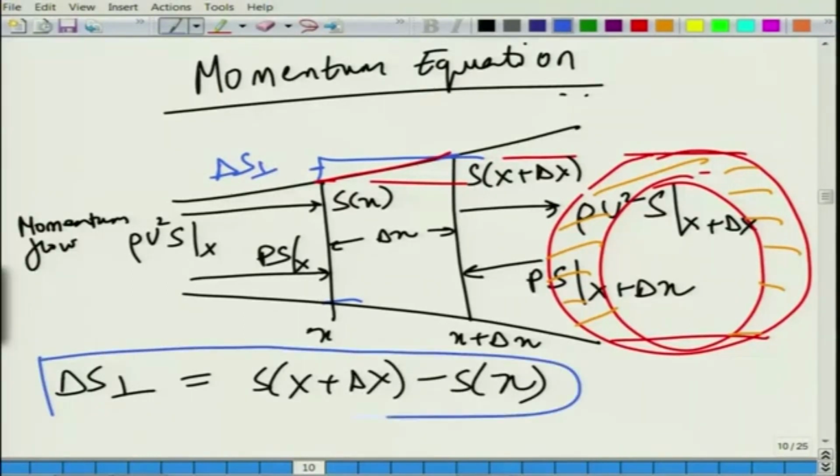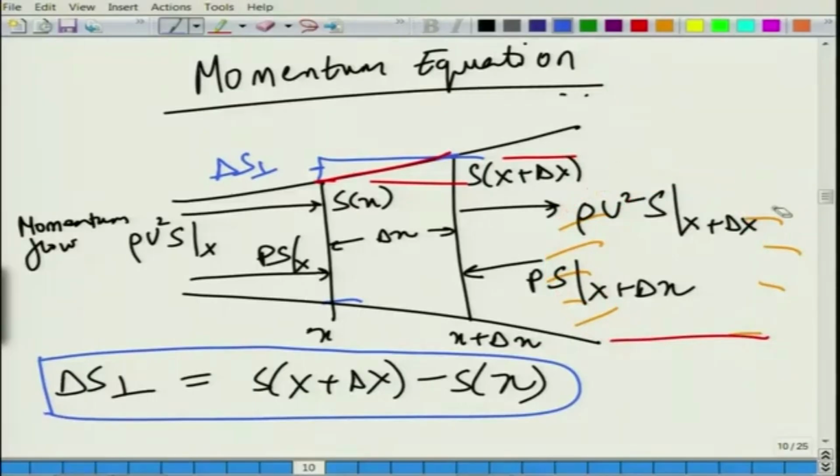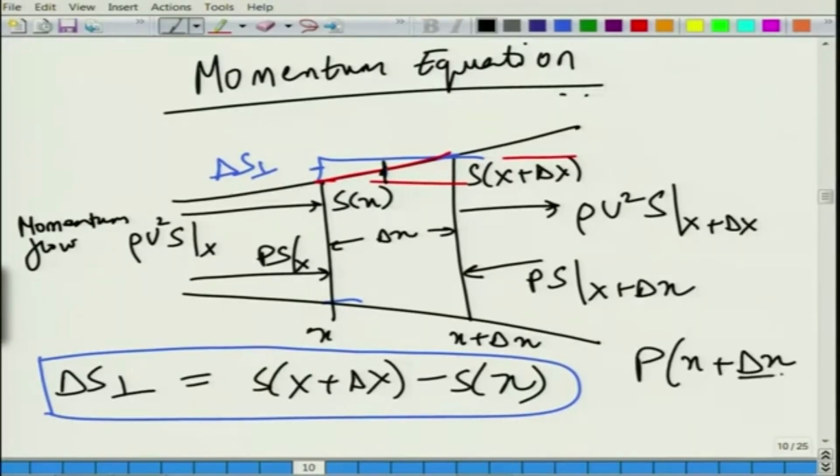Now, this difference of the area times the force that acts, let us say we consider the force that acts somewhere in the middle, that is P of x plus delta x by 2.